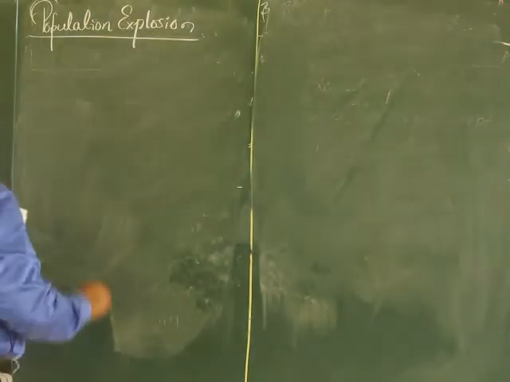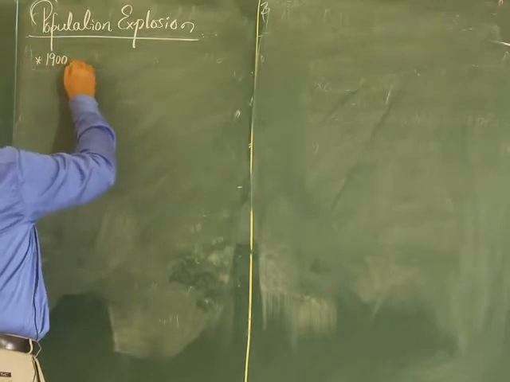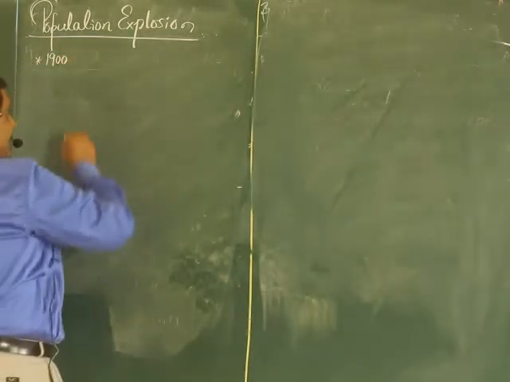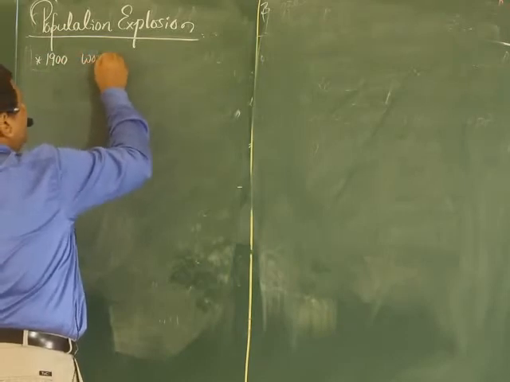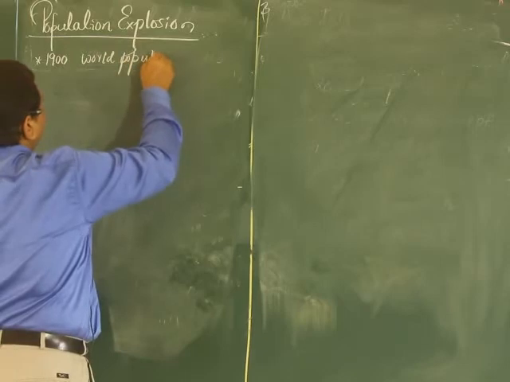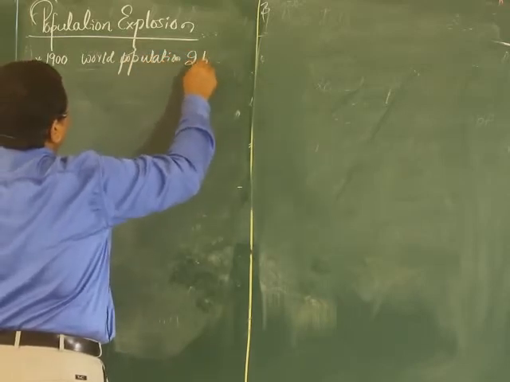In 1900, the world population was 2 billion.